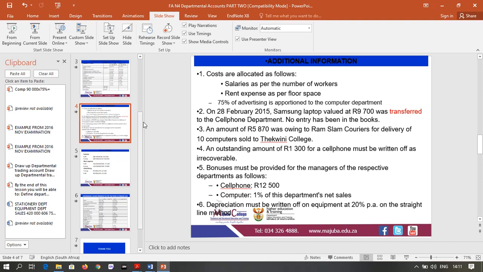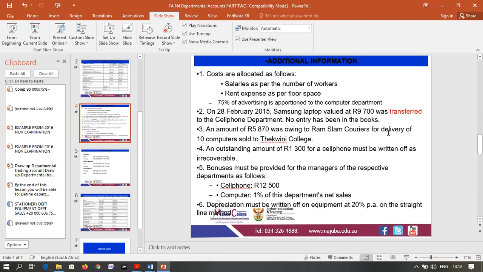On this one, you got a transfer. It says on the 28th of February 2015, a Samsung laptop was transferred to the cell phone department, an amount of 9,700. Remember what I said on part one: when you transfer, you do a double entry, a transaction in both departments, because you have to minus from one department and add to another.